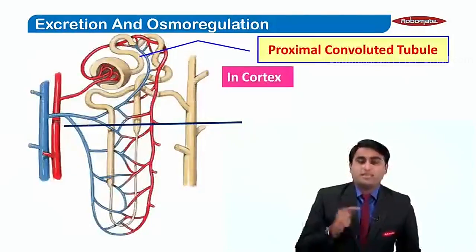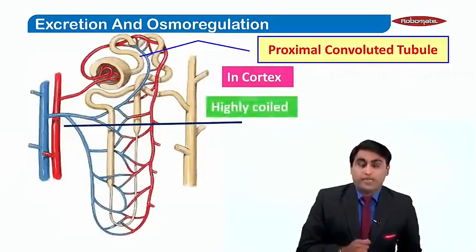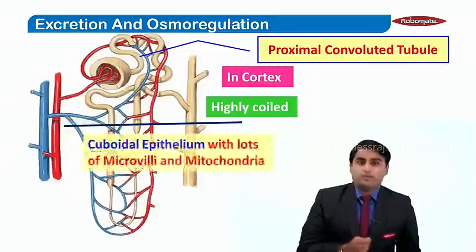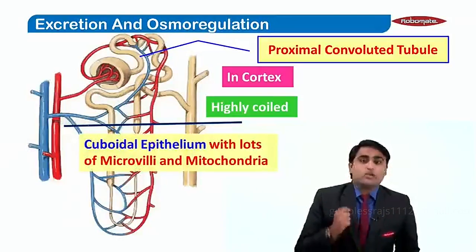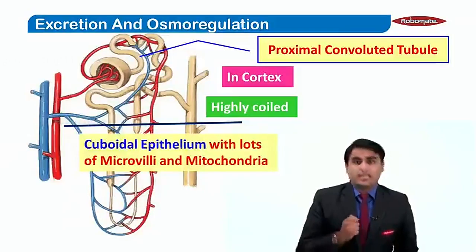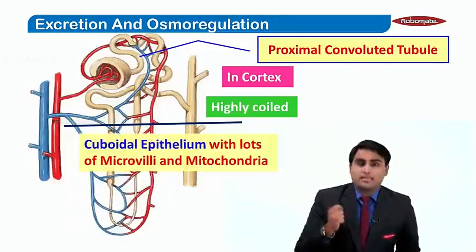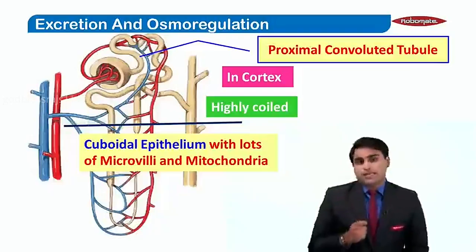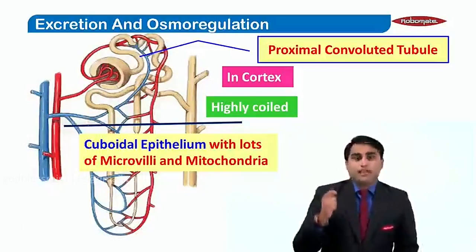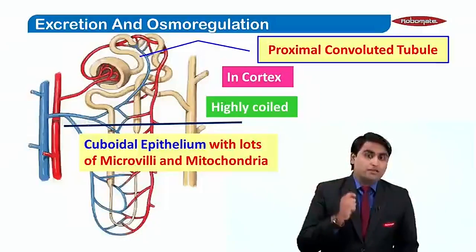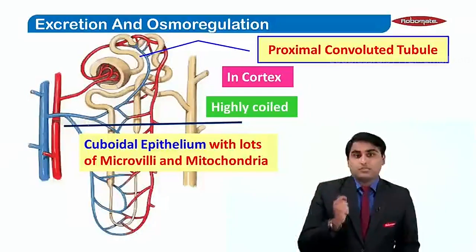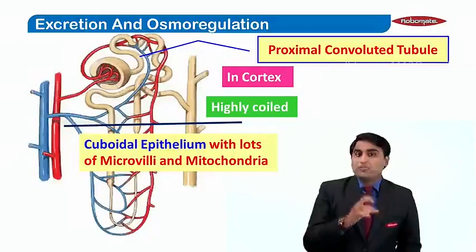The PCT lies in the cortex, and it is highly coiled. It is lined by cuboidal epithelial cells having a brush-bordered appearance, with a lot of microvilli to increase the surface area, because as the blood is getting filtered, some important substances are also getting filtered out, so we need to absorb them.